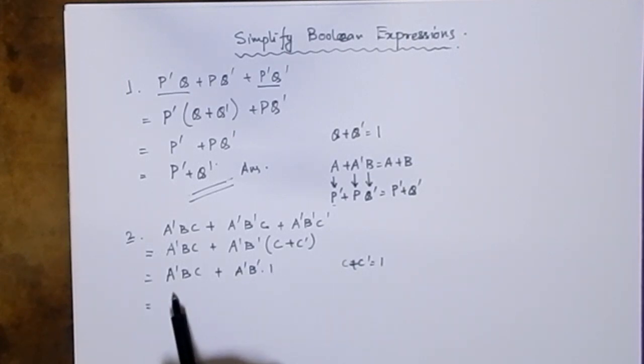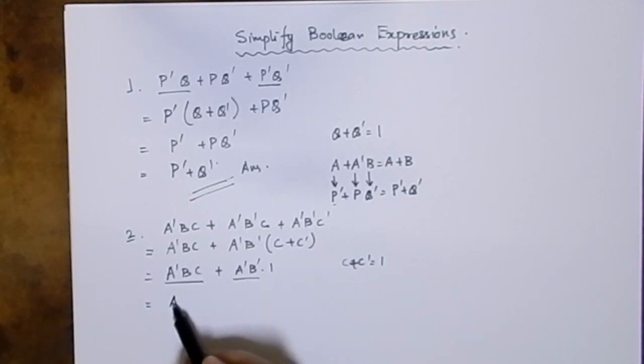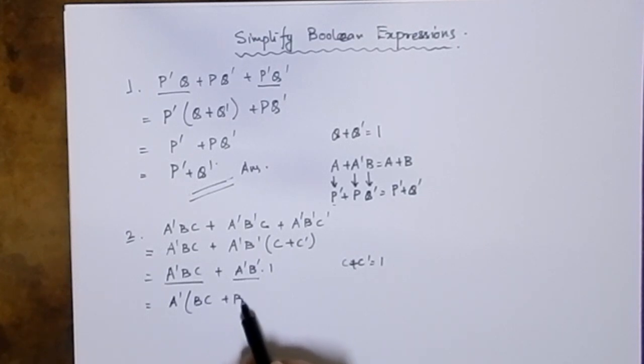Now again, from these two terms you see A dashed is common, so I can get A dashed (BC plus B dashed).